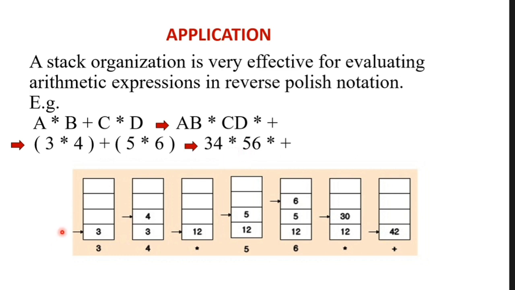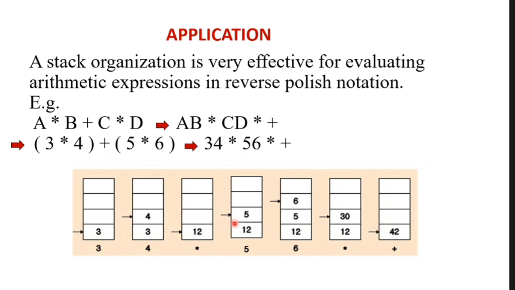First we will say push 3, then push 4. So 3 and 4 will be pushed, and then we will use a zero address instruction, multiply. After that 4 and 3 will be popped, they will be multiplied, and then the result will be pushed again in our stack memory.